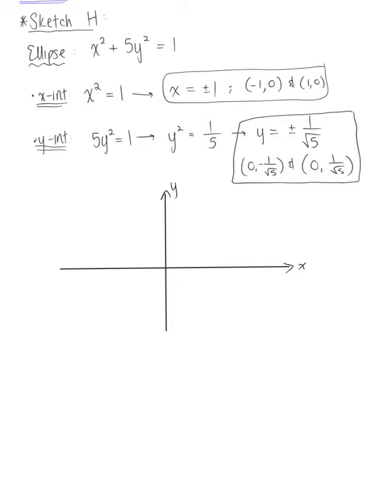So we know we have x-intercepts. We'll say right there is -1, and here is +1. And then we'll say right about there is 1 over the square root of 5, and here is -1 over the square root of 5 for the y-intercepts. And so we can sketch our ellipse by connecting our intercepts.